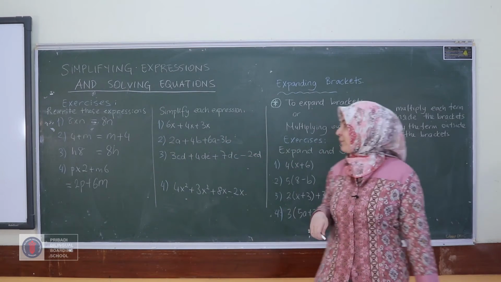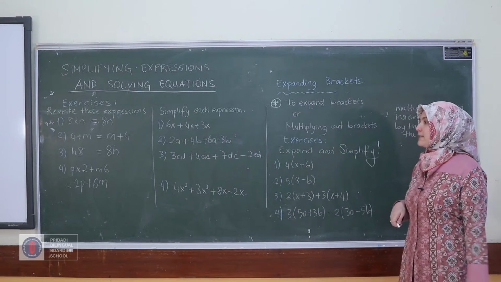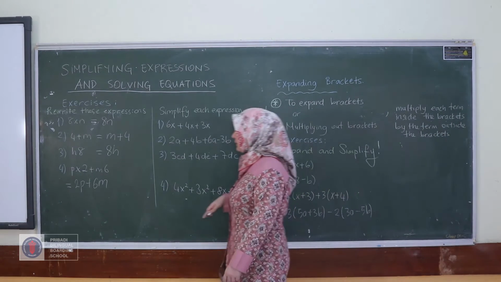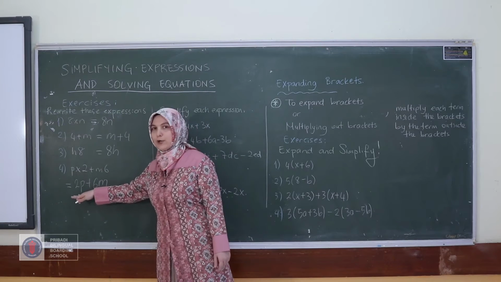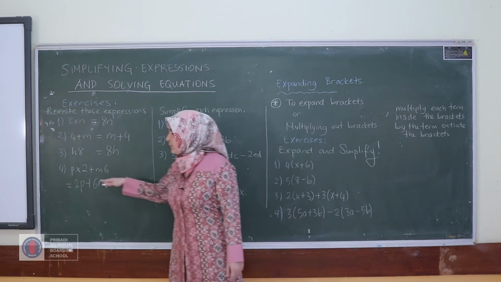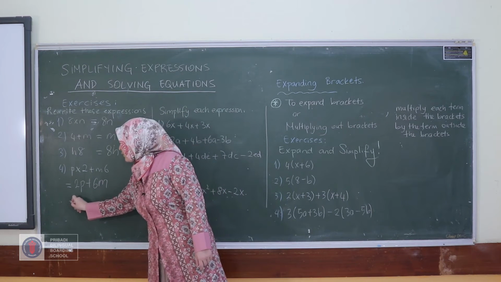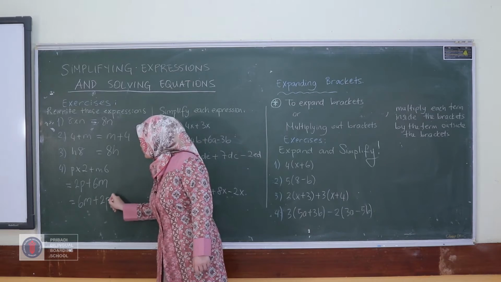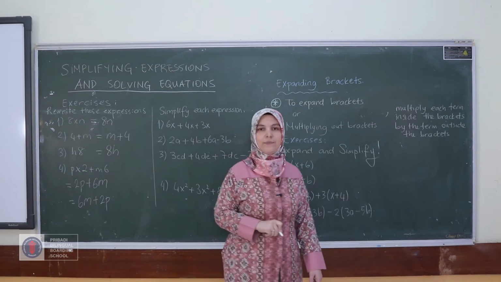So it will become 2p plus 6m. Is there any other rule here? Which letter is first, p or m? M is coming before p in the alphabet, so we will write this as 6m plus 2p. Okay?